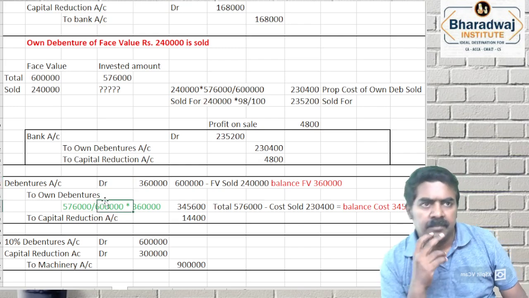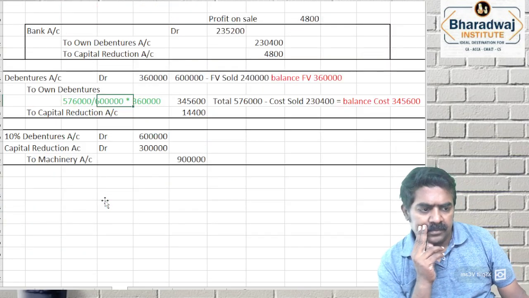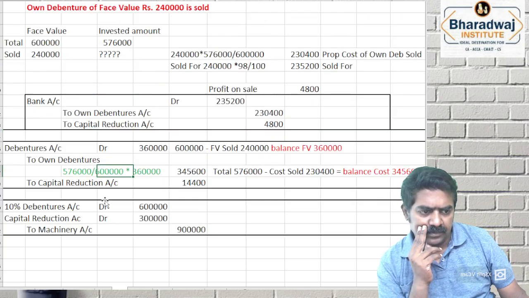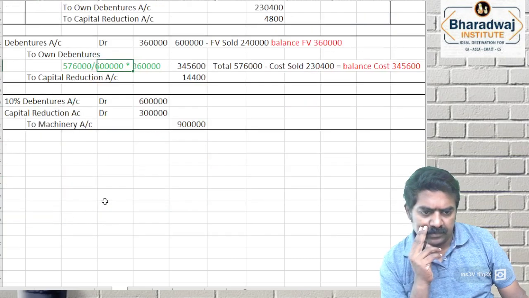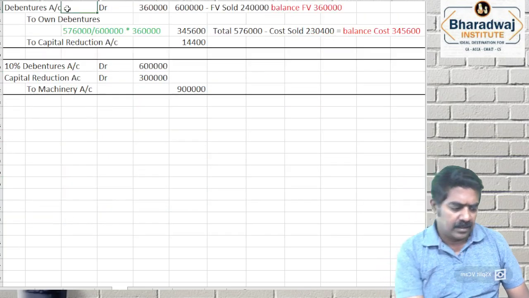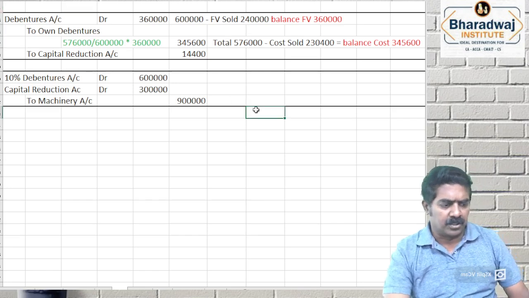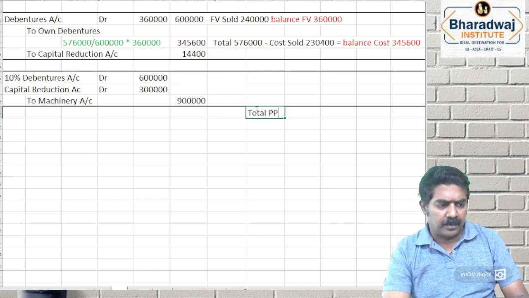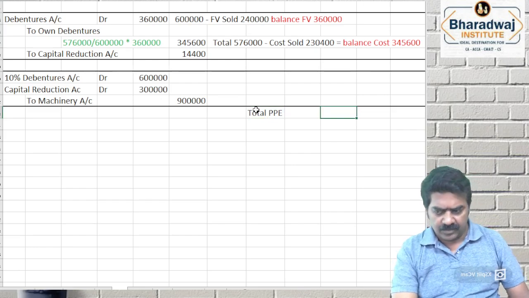Next, என்ன இருக்கும்? Remaining plant properties revalue னு கொடுத்திருக்கான். What is the total plant property and equipment? 72 lakhs.